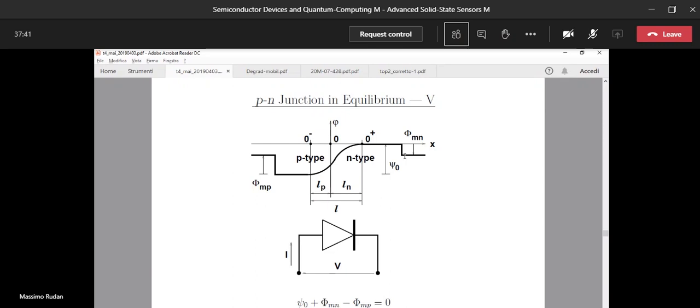Since we are at the equilibrium, there is no voltage applied to the p-n junction. The p-n junction is in equilibrium, so the applied voltage is zero.